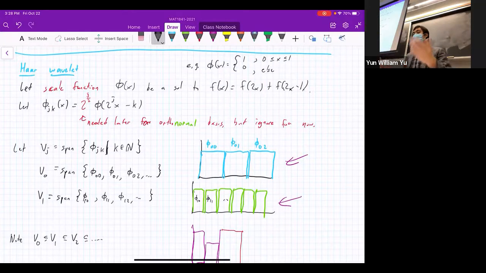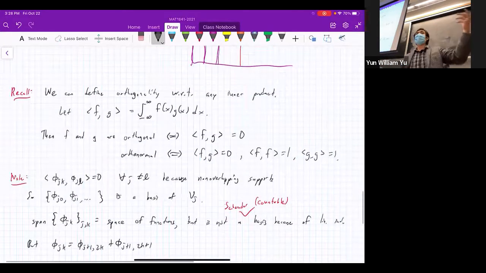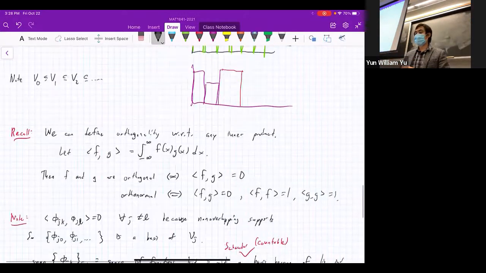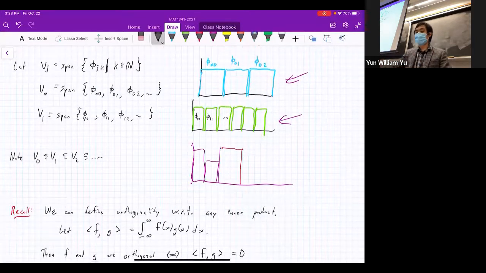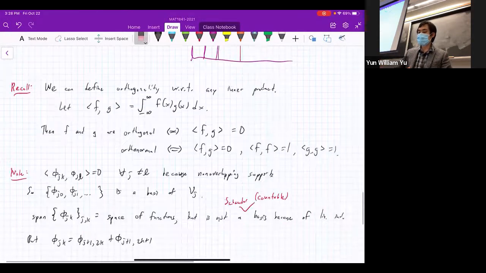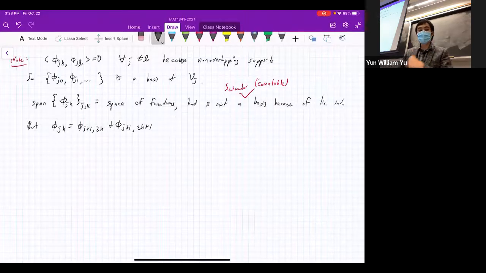Because of our dilation equation, you know that your higher level can be constructed from your lower levels. That's all we were saying: clearly, if this span is contained in that span, then everything in this span has to be linearly dependent on the things in V1. And so we don't have linear independence. So, what can we delete? Well, there are some suggestions.